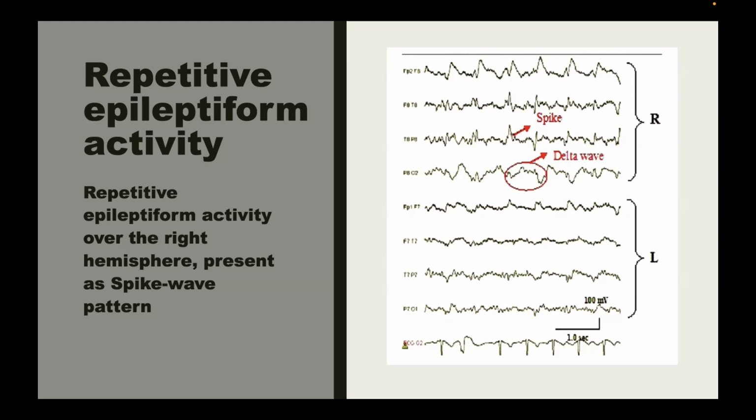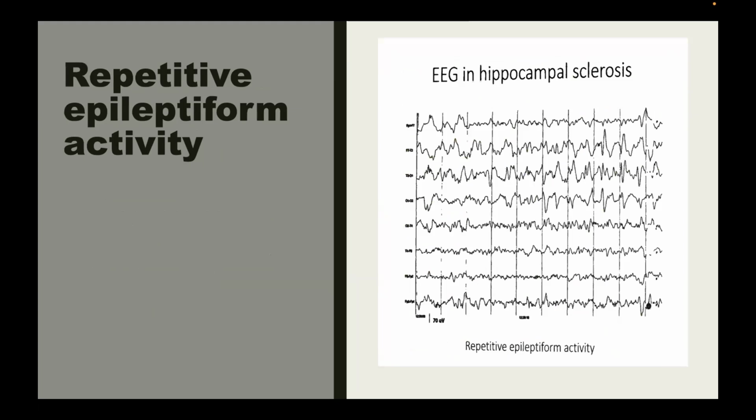This activity over the various hemispheres presents as a bi-wave pattern. So it is a very difficult pattern and should be correlated clinically. We argue for video monitoring. Also, this is repetitive discharge, a complex pattern.